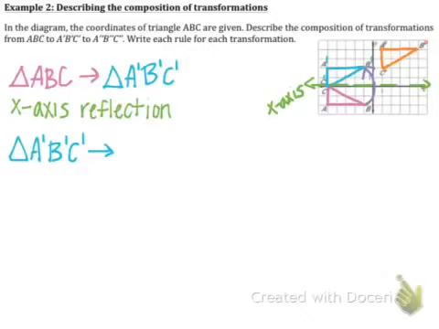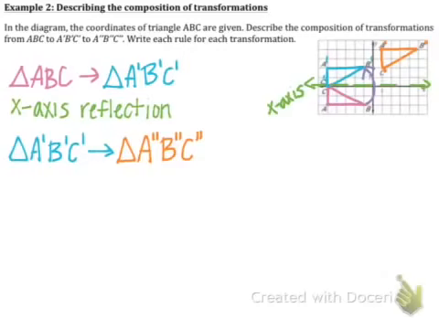Well, it's the only one left, but also because the letters on our coordinate grid have A double prime, B double prime, C double prime, so that transformation is done after the reflection. We are looking for what happens from A prime, B prime, C prime to A double prime, B double prime, and C double prime. It looks like it was just slid across the coordinate grid. Something that slides over and doesn't rotate at all is what we call a translation.